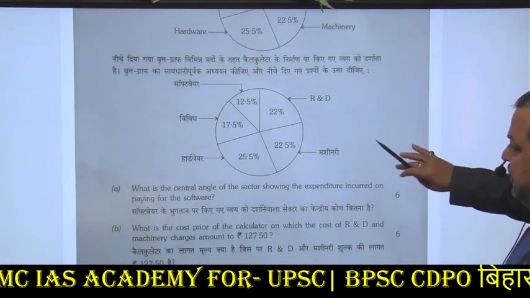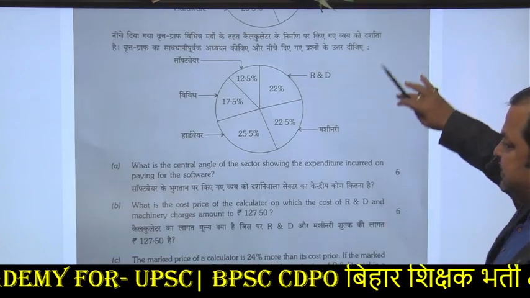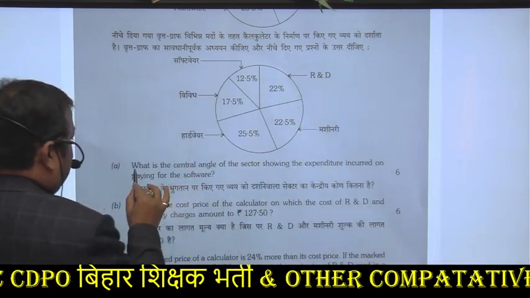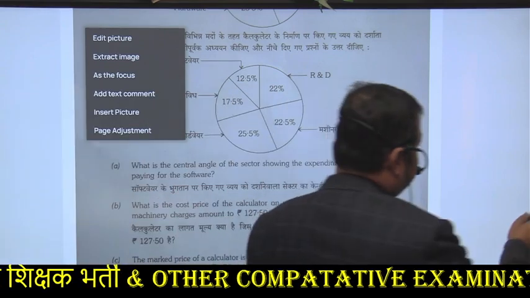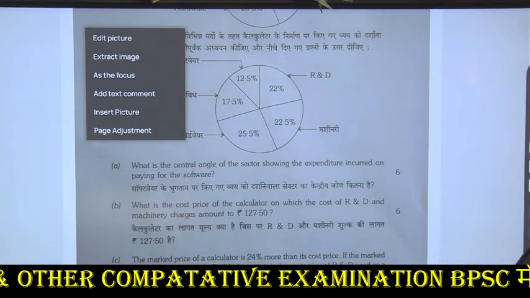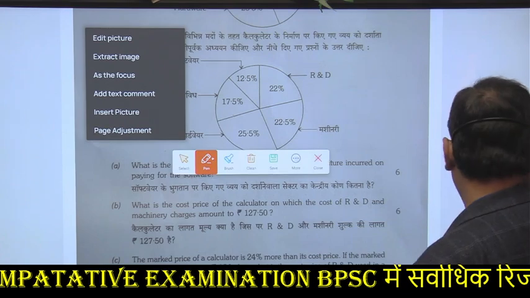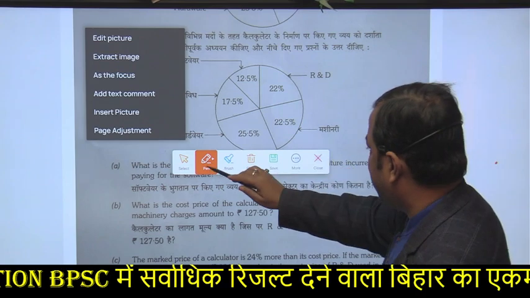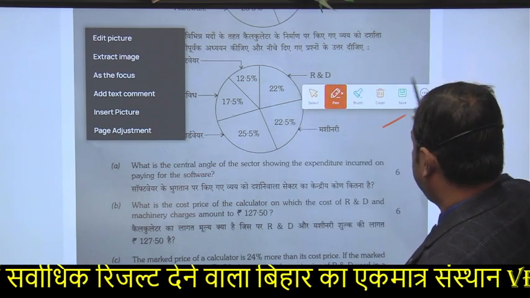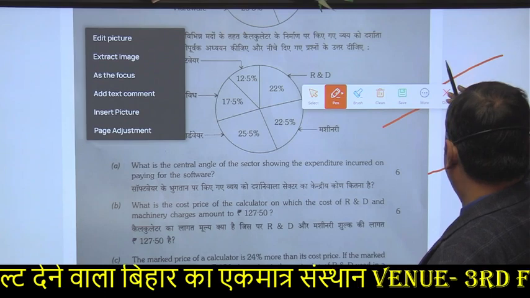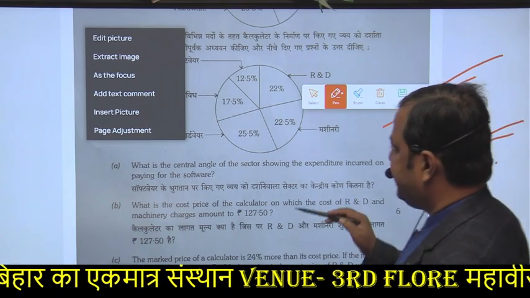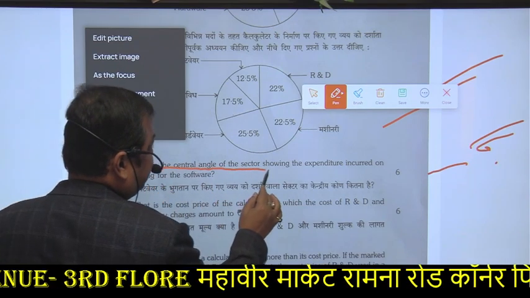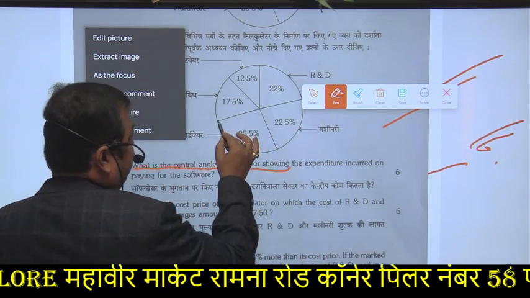So first question is here, what is the central angle of the sector showing the expenditure incurred on paying for the software? ये एक sector हुआ.